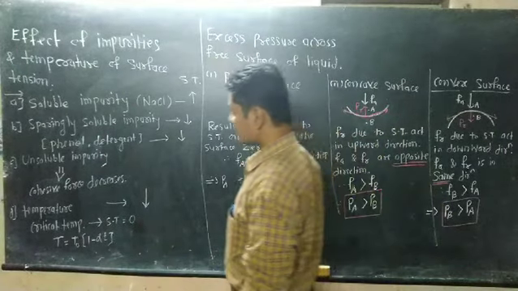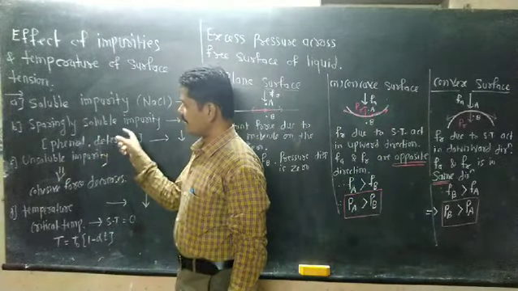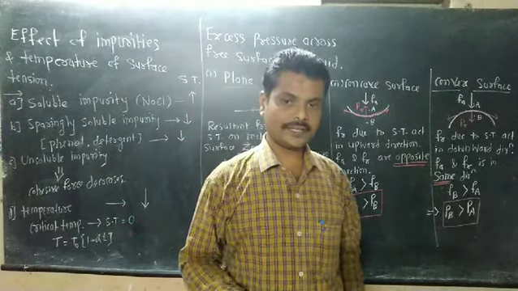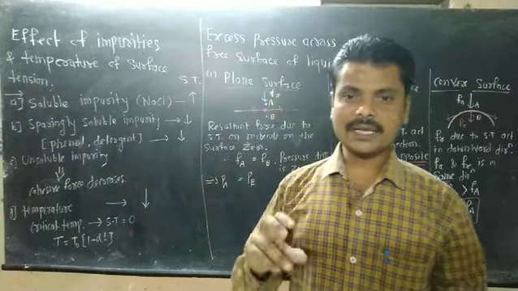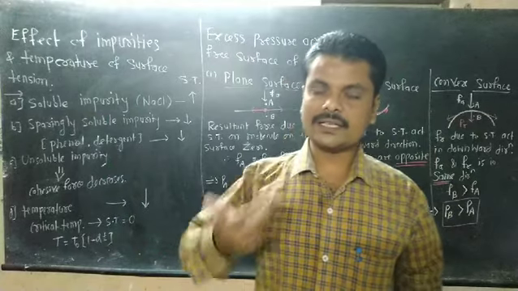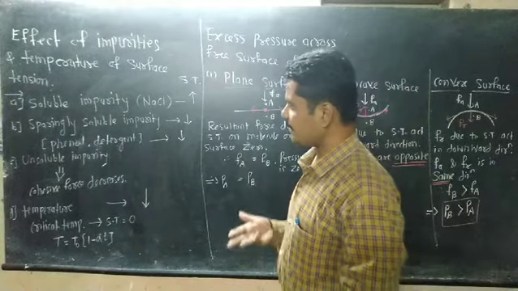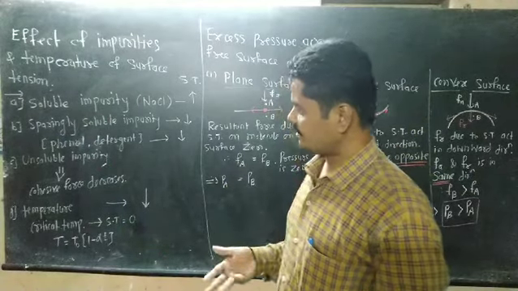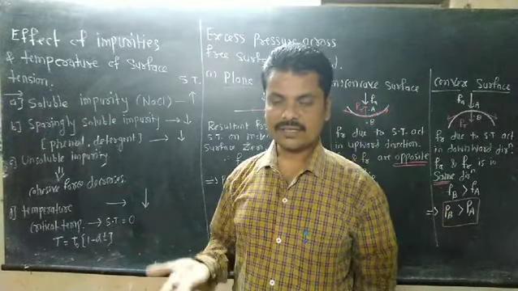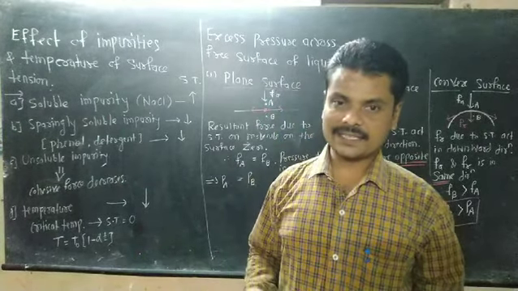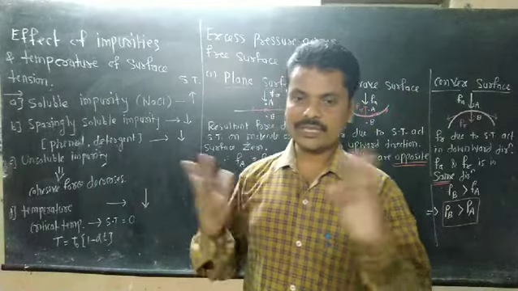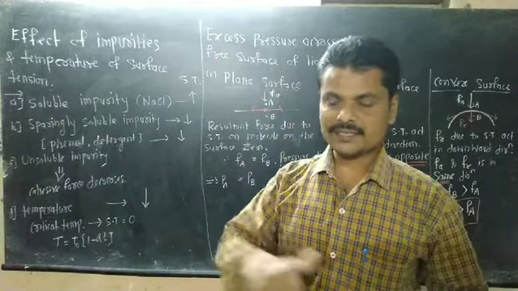Now we move to the second point, when you add a sparingly soluble impurity. Sparingly soluble means feebly soluble, that is, weakly soluble. When you add a weakly soluble impurity, for example phenol or detergent, that impurity slowly mixes with the solution.